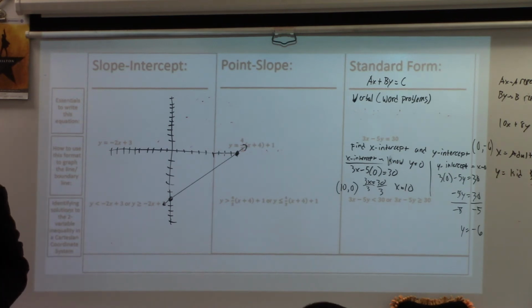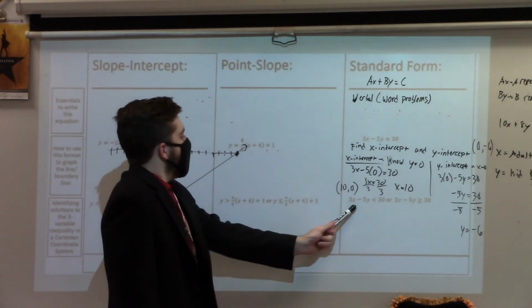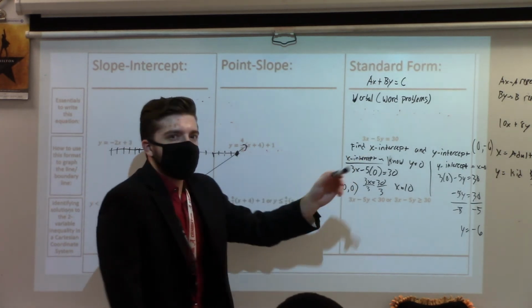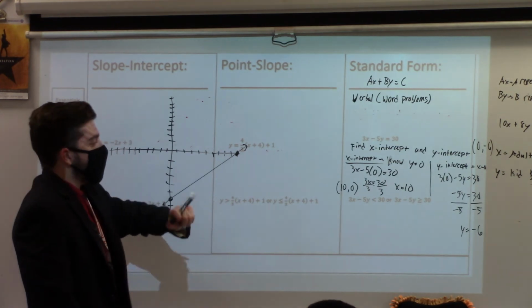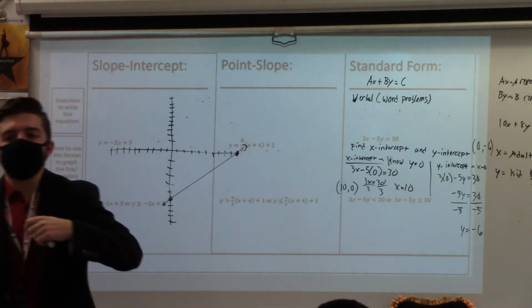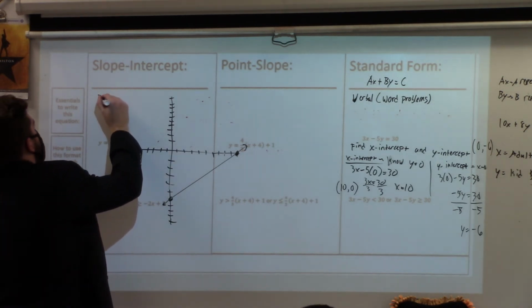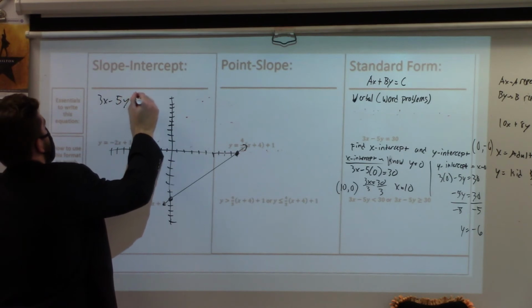No. Why not? So remember, when we're doing a boundary line, we can graph it as it is as an equality. But the reason it's a boundary line is because the inequality tells us where the solutions are, where the solution set is, right?